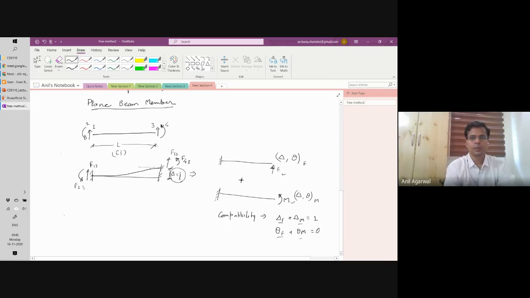Okay, so this is the beam. My bending moment diagram for this problem, I'll draw it here. I apply a force F here. So what will be the bending moment diagram?